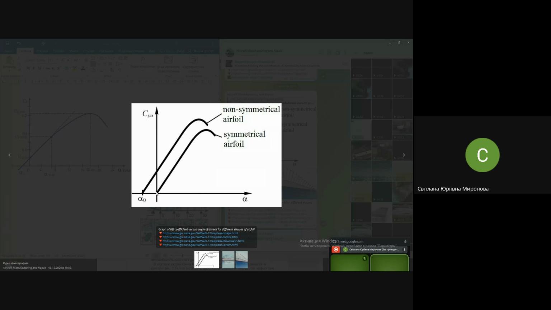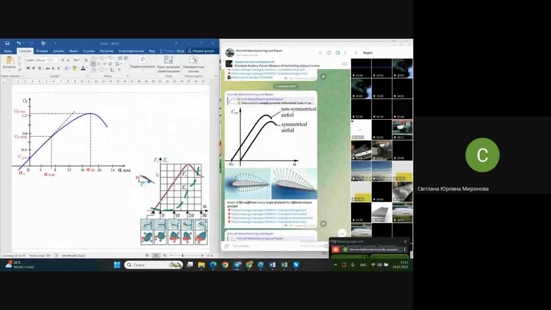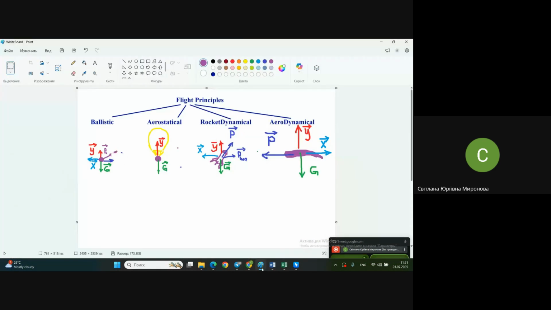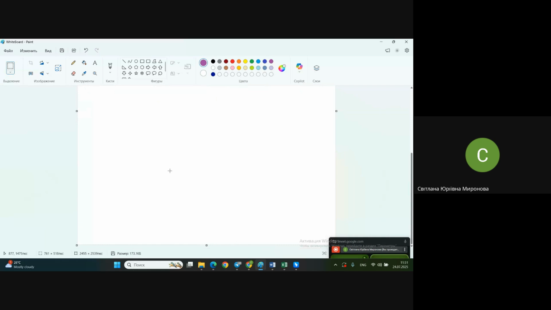A symmetrical airfoil has zero lift at zero angle of attack. A non-symmetrical one, in case it has positive camber, with the upper camber higher than the lower camber in value, looks like this. If it's rotated, let me show it in Paint instead of trying to use words; better to draw it.